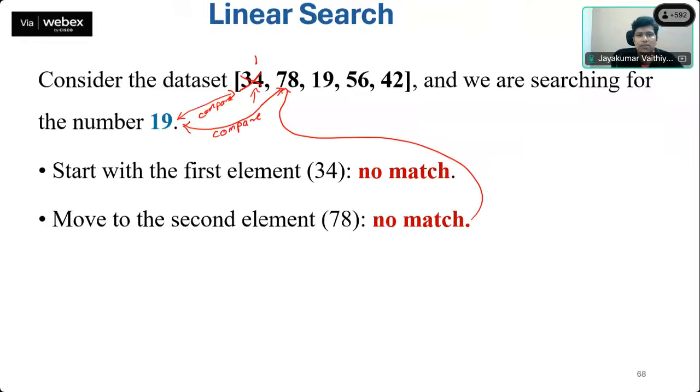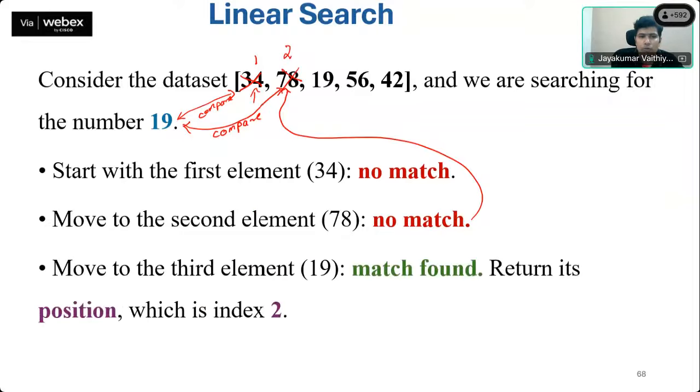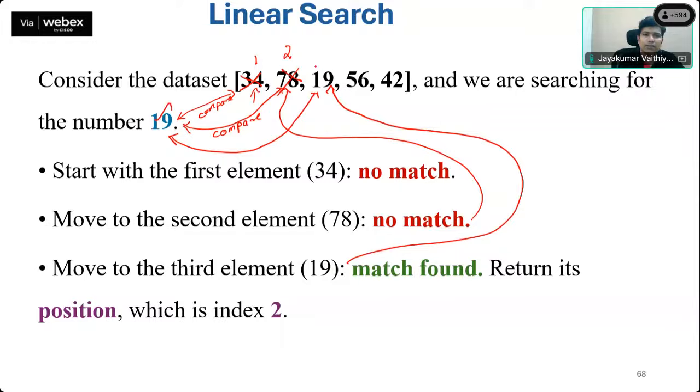What is the result? It is not equal, so this is not found. This location is 2. Then you move to the next. Now we are comparing 19 and 19. This is exactly matching. And the location is 3. You need to return this location.